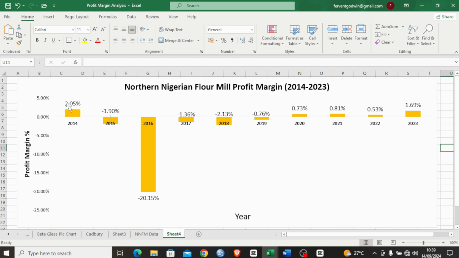In 2014, for every 1 naira in revenue, they made 2.05 kobo profit. So the closest they've had to that in the last 10 years is in 2023, where for every 1 naira of revenue they made 1.69 kobo in profit.